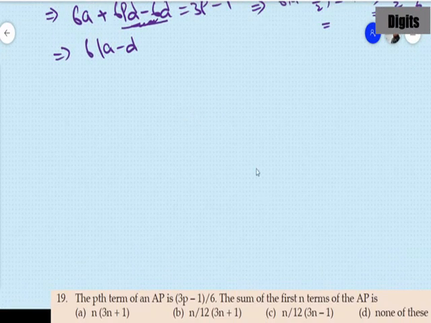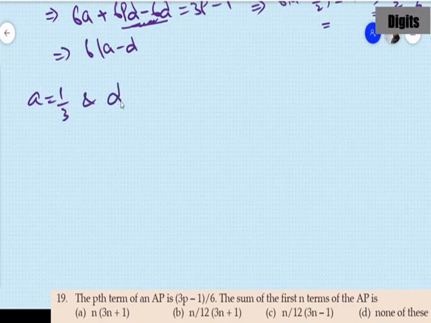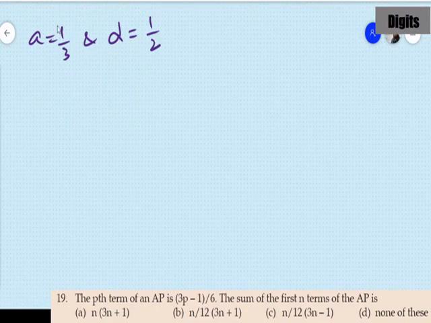So, a is equal to 1 by 3 and d is equal to 1 by 2. So we have to find the sum of first n terms.